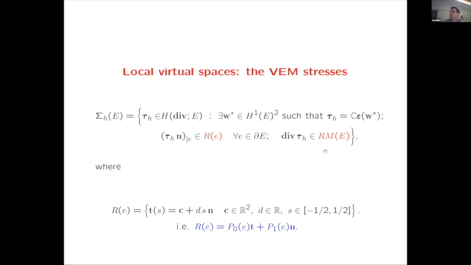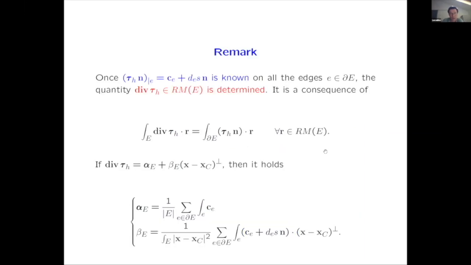of such stresses lives. And just a remark about this choice, and the remark is that if you know the tractions on the boundary, in particular on each edge of the element boundary, then the divergence is completely determined.